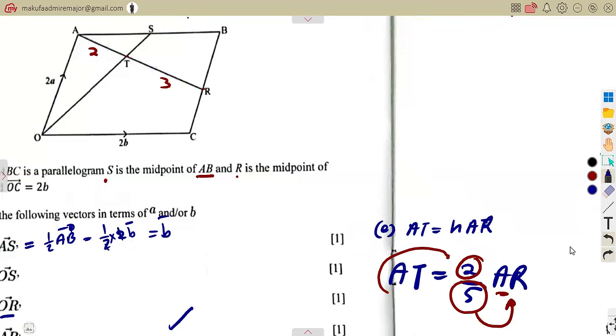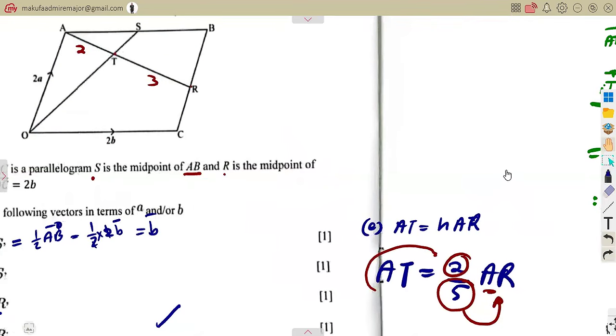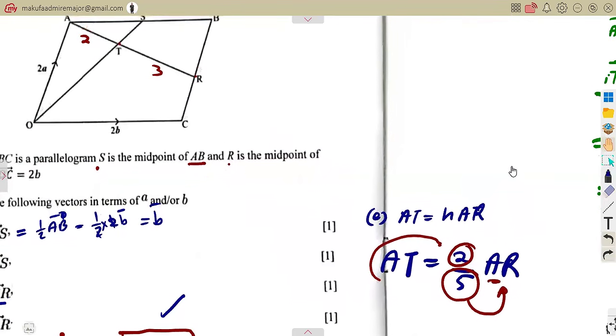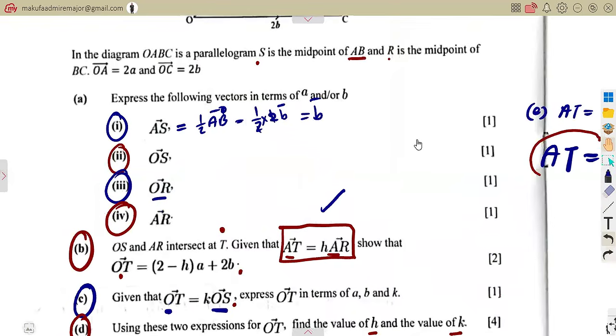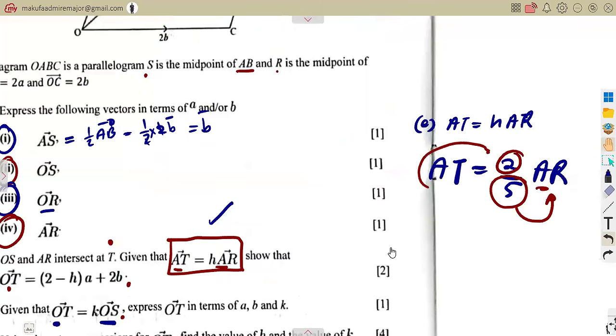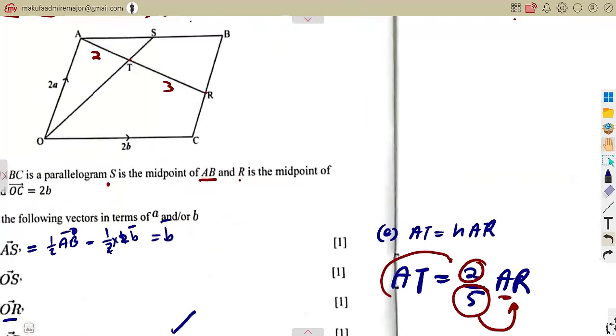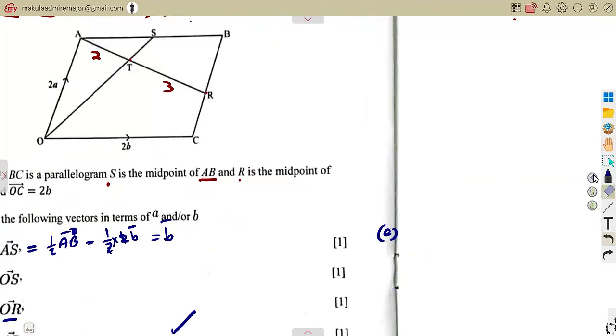Because the question on E is to determine the ratio of TR over AR. So from this statement, let's find our ratio of TR over AR. The ratio of TR over AR can be determined because we have a distance from T to R, which is 3 units.